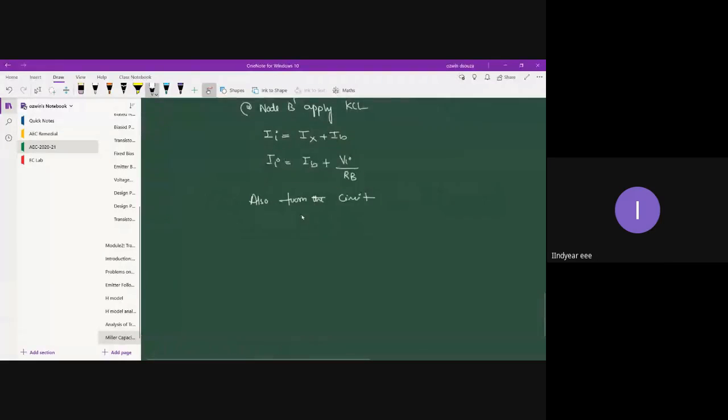From the circuit we have VI is equal to IB into ZB, so II is equal to VI plus IB RB divided by RB. This is capital RB.